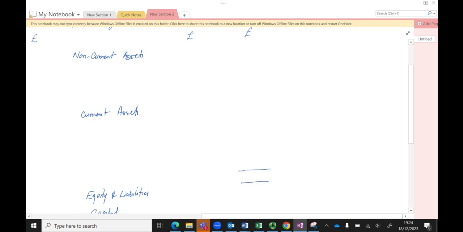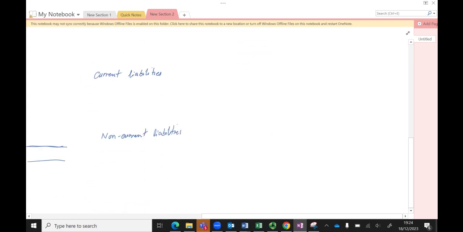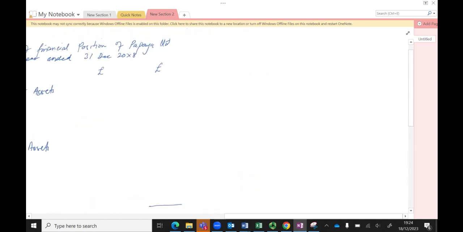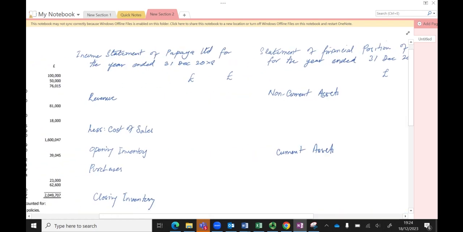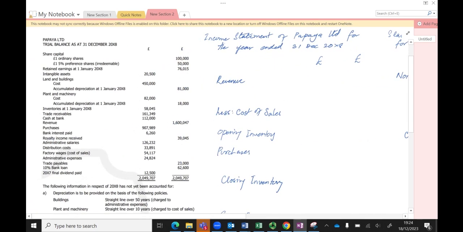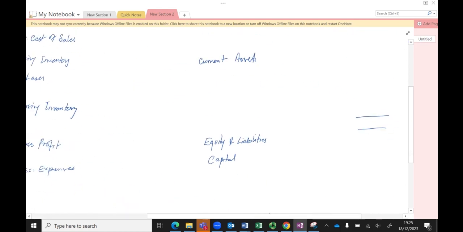Over here I'll be calculating all the assets, and over here I'll be calculating capital plus the liabilities. Right in front of it I will have a space for workings. Right, now looking at the trial balance, ordinary shares 100,000, preference shares 50,000.